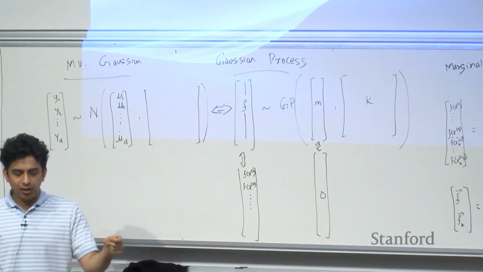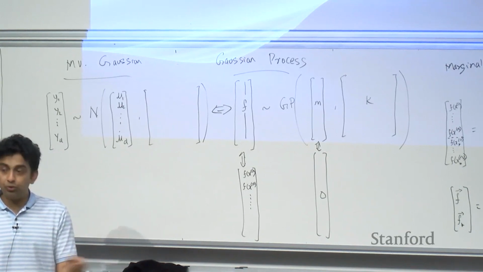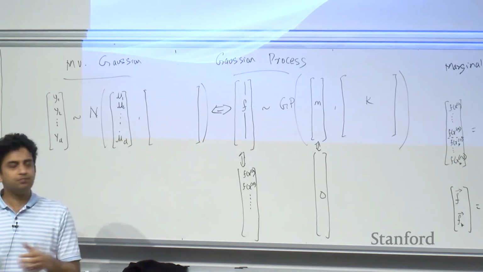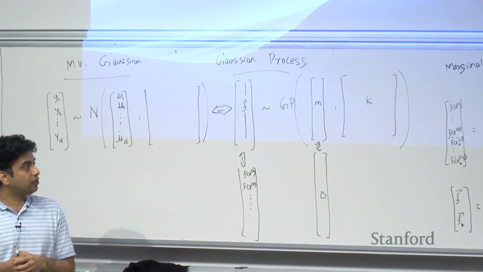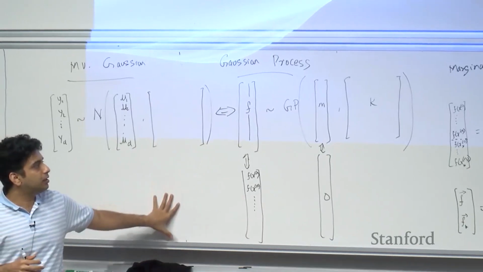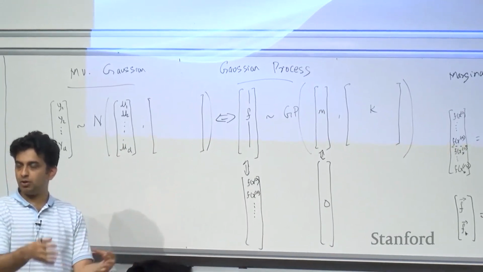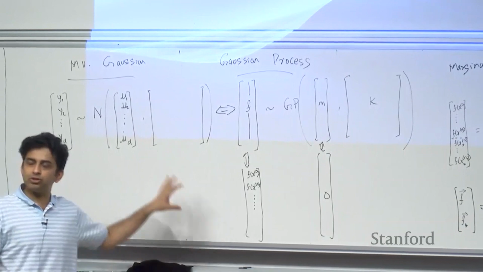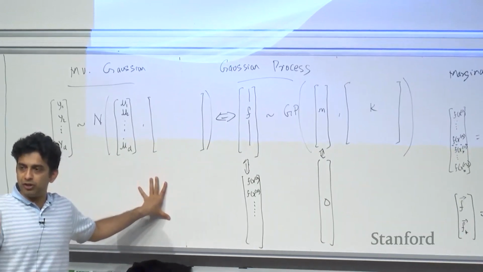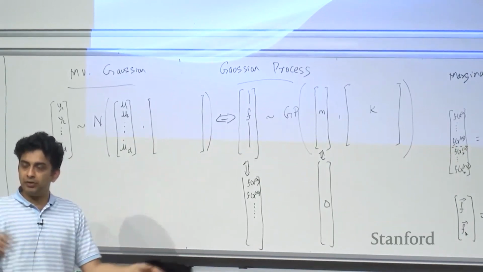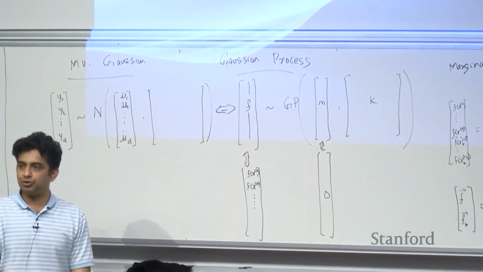You do have a Poisson process, but it doesn't have the nice property that if you condition on something, what remains is also a Poisson process. That's true only for Gaussian processes, where if you condition on something, what remains is still Gaussian. If you marginalize out something, what remains is still Gaussian.